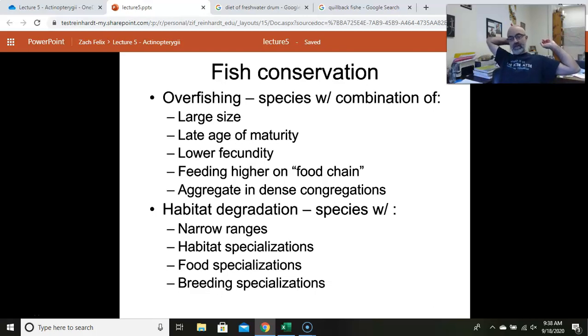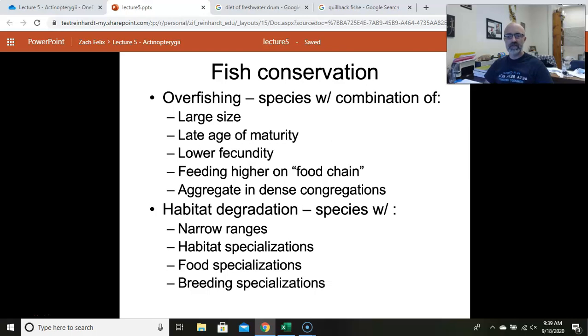Okay, and so here is some info about their conservation. If you knew about their life history and their ecology, you could almost predict whether a fish is likely to become imperiled, right? Obviously, overfishing.